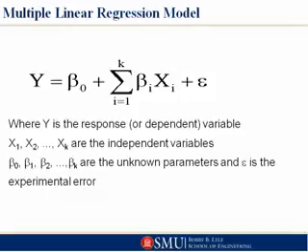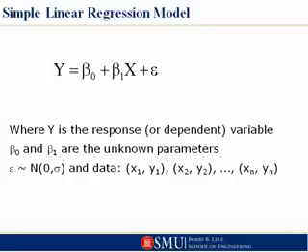And what we don't know are the best values for the betas, beta naught, and then the coefficients beta 1 through k, associated with each one of those random variables, x1 through xk. And also what is the experimental error epsilon.